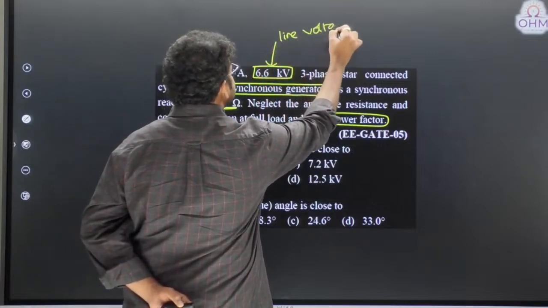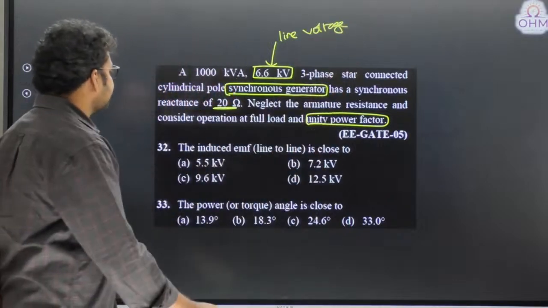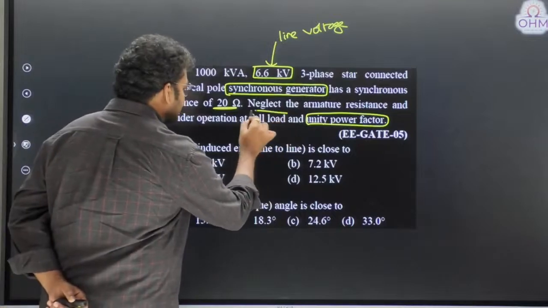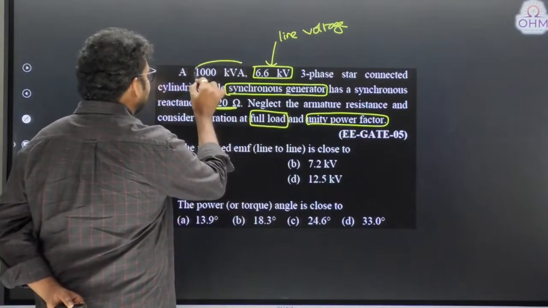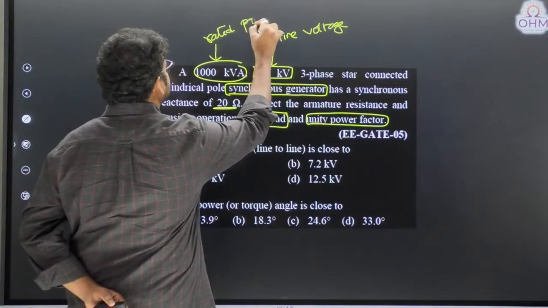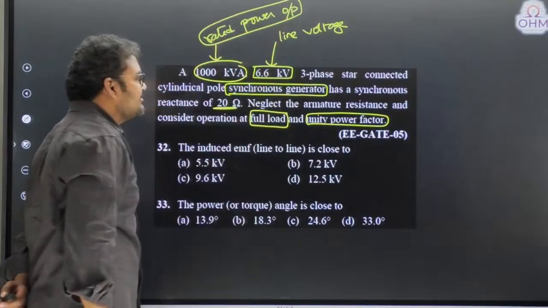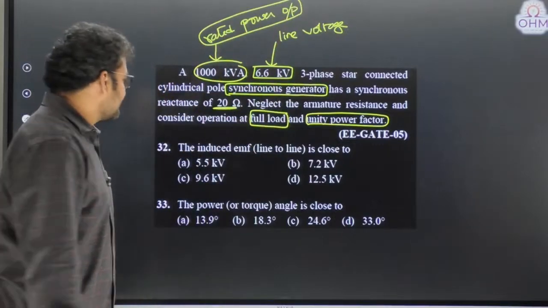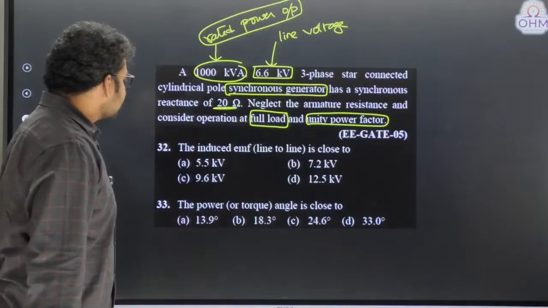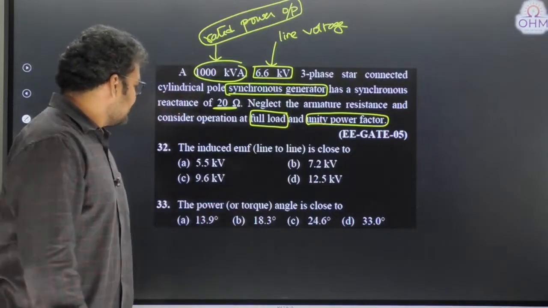In a 3-phase system, by default the given voltage is always the line voltage. Also the machine is at full load, and what is the power at full load? 1000 kVA. That is the rated power. Output always, remember, the nameplate will always give you the output power of the machine only. So what is the induced EMF, line to line? Also what is the power angle or torque angle?